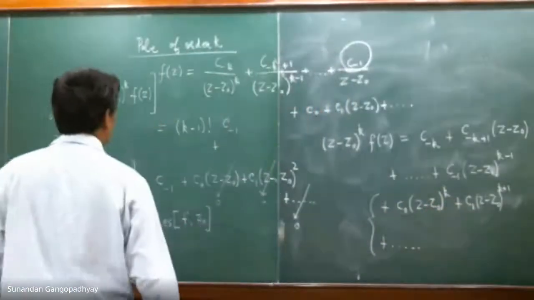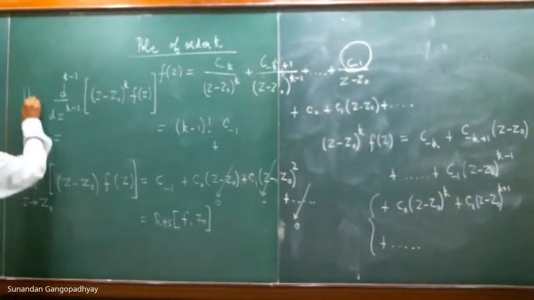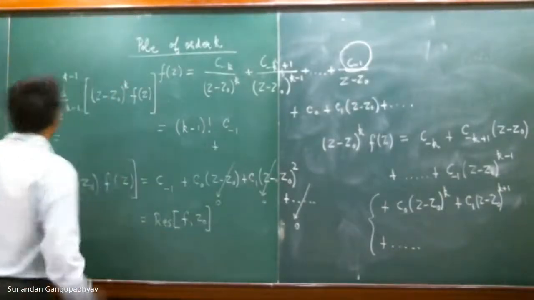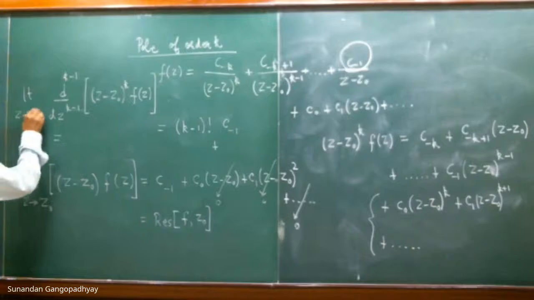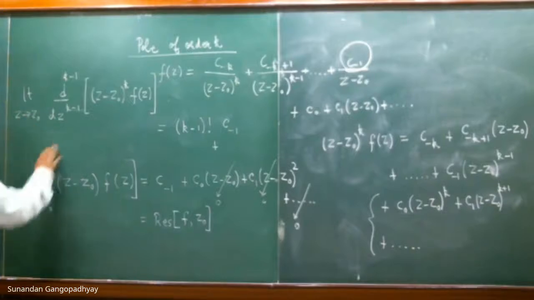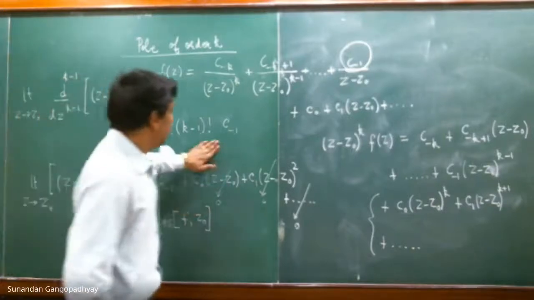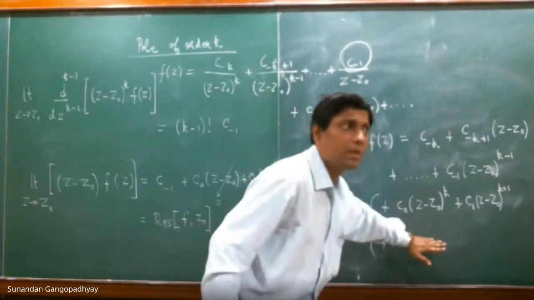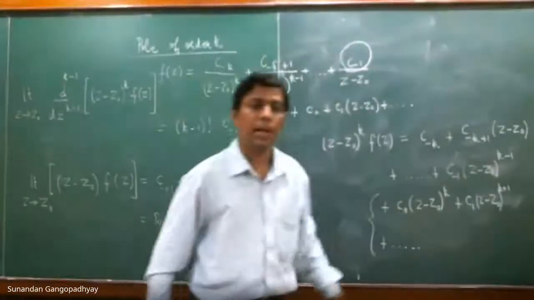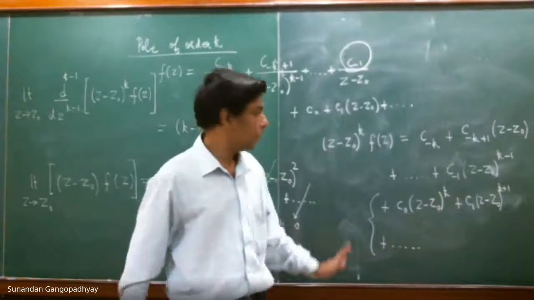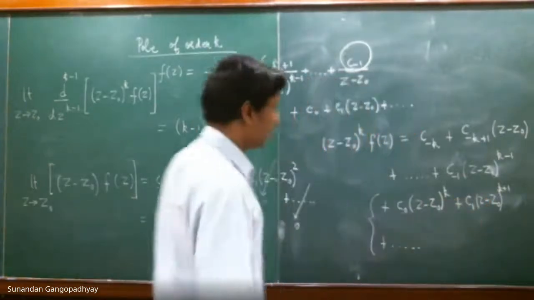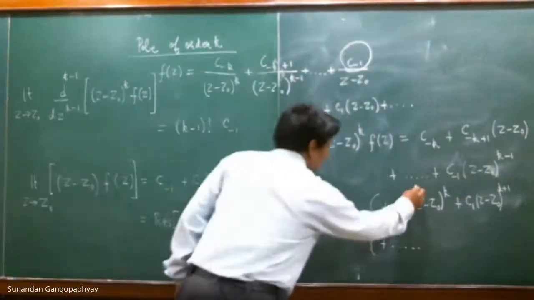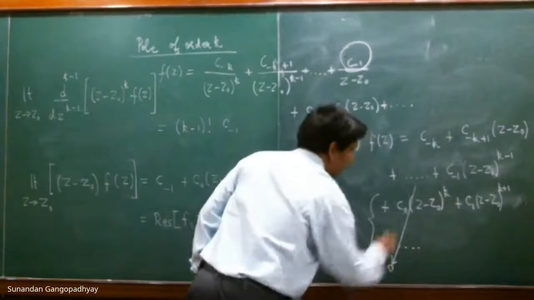And therefore, it is very simple. In order to get rid of those terms, you take the limit z going to z naught. Then all these terms vanish.